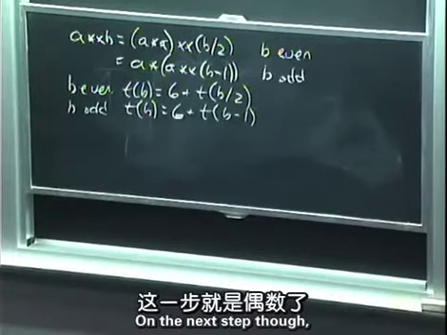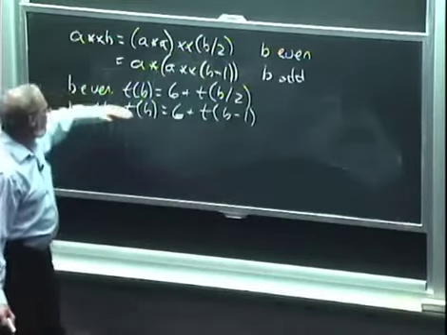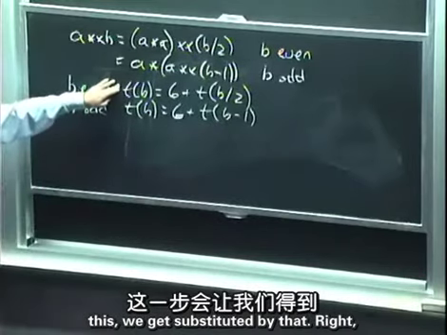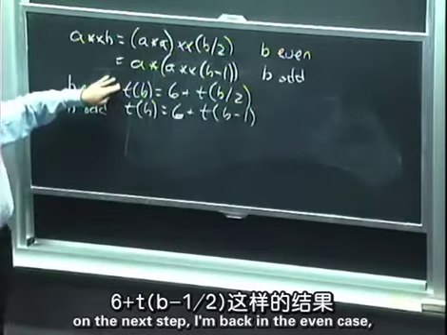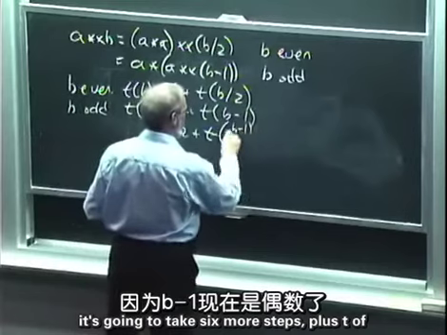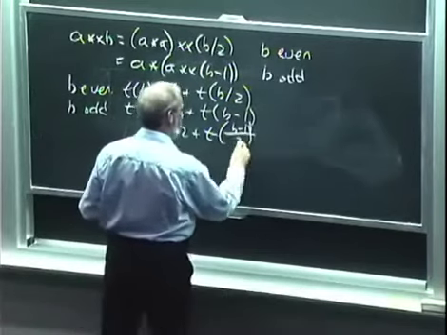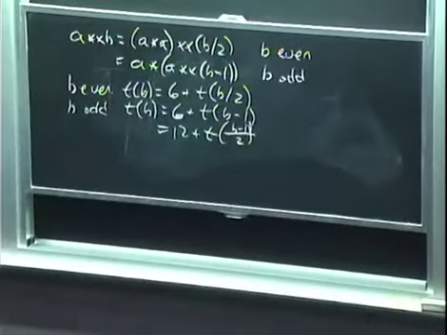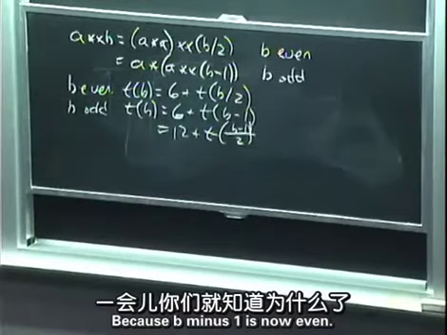On the next step, though, this will get substituted by that. Right? On the next step, I'm back in the even case. It's going to take 6 more steps plus T of (b minus 1) over 2, because b minus 1 is now even.